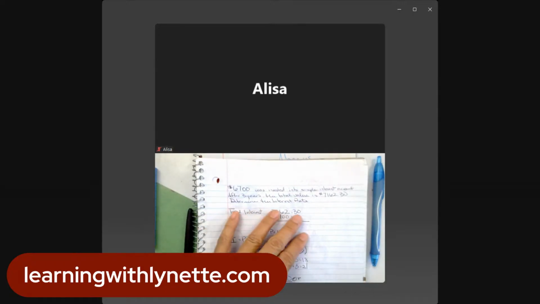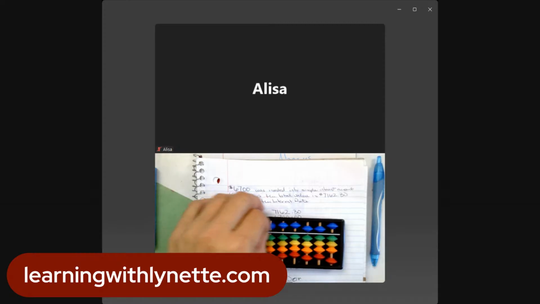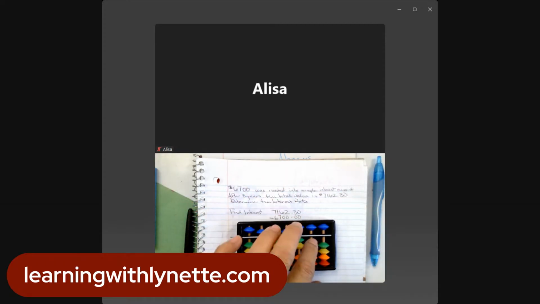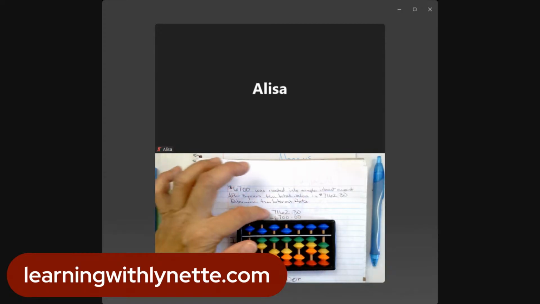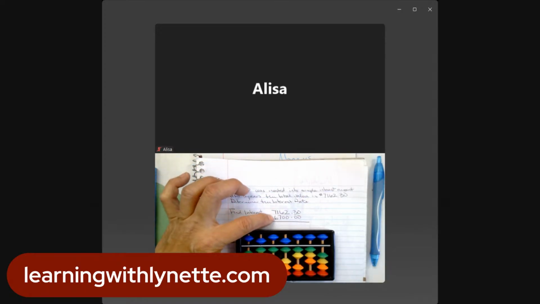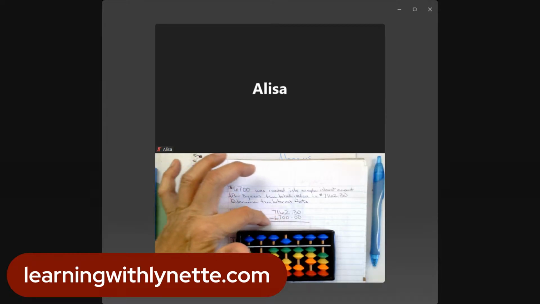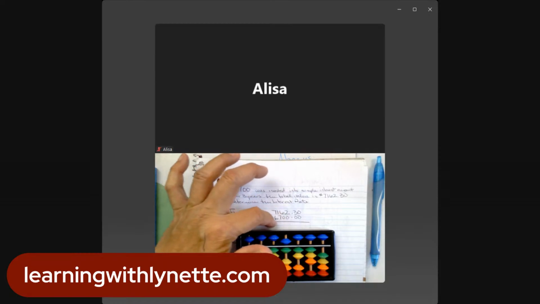Now we need to understand the concept and set up our question. To find the interest rate, we take 7,162.30 and subtract 6,700. I subtract 6,000, and then subtract 7 minus the 10 plus the 3. My final answer is 462.30, so we know how much we gained in interest.